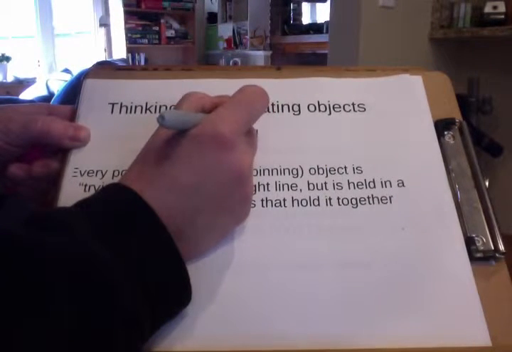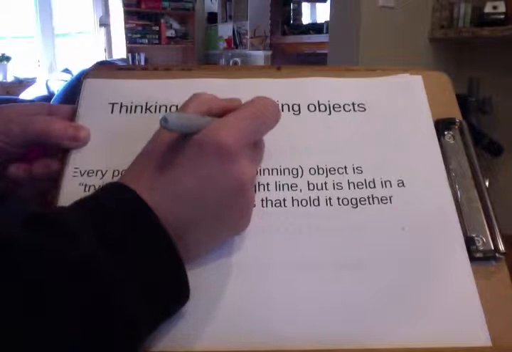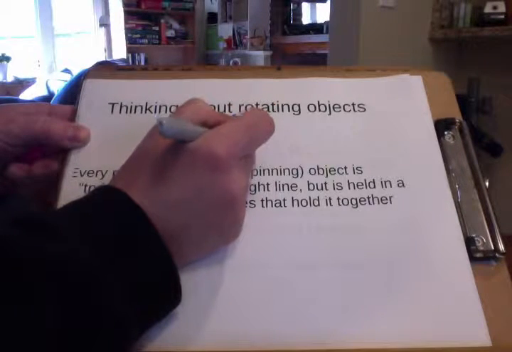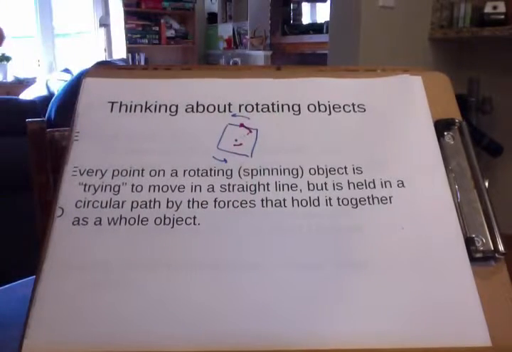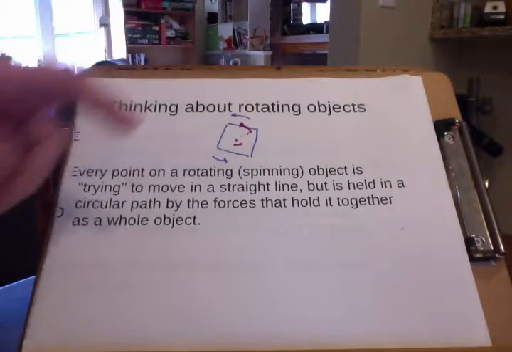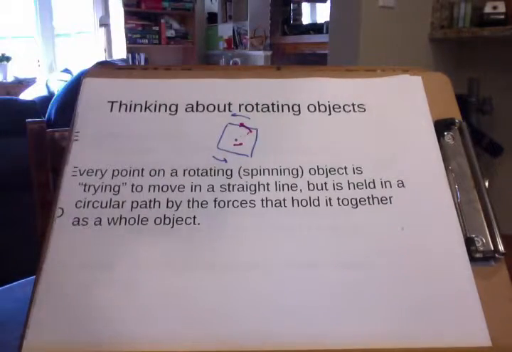So every point on this object can be seen as something going around the center axis like that. It's just that the larger object, the measuring tape for instance, is a collection of those points that happen to be attached to each other.